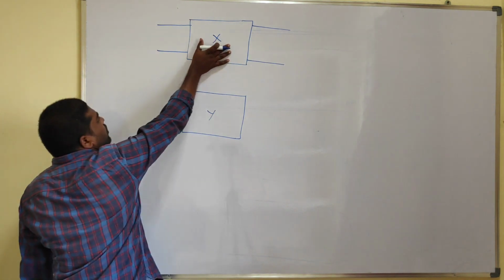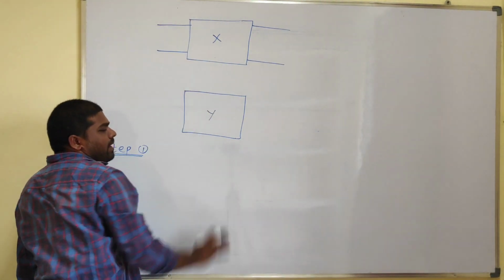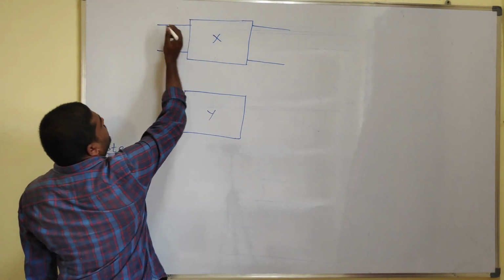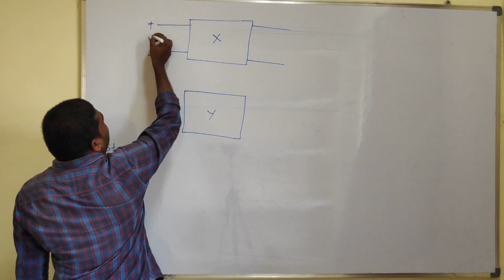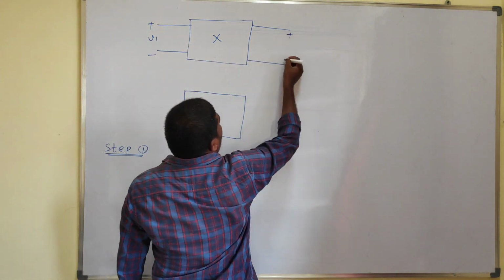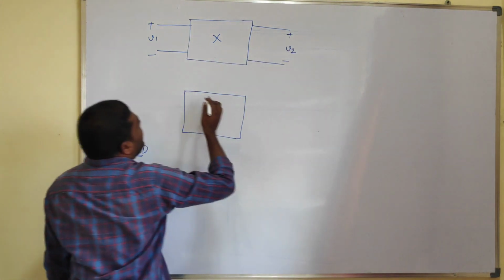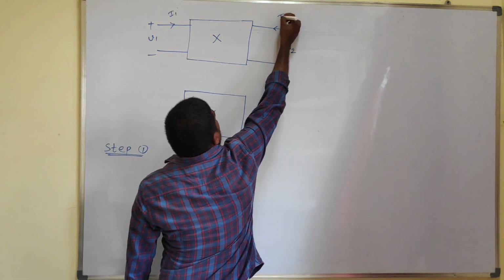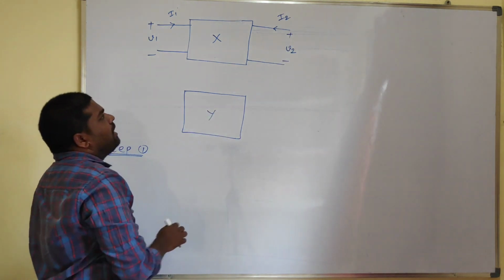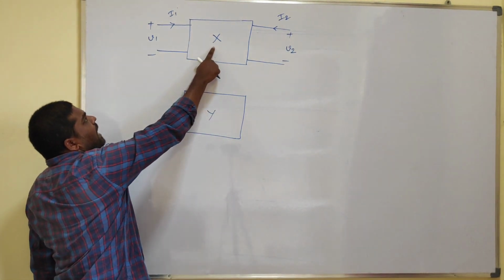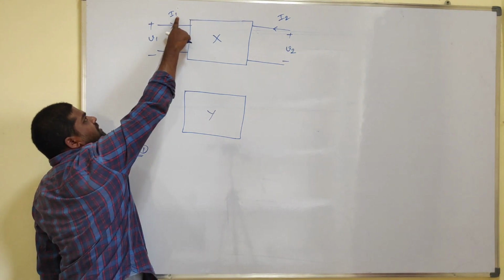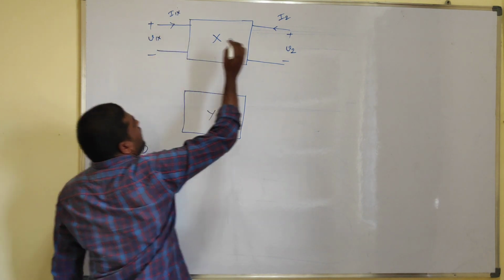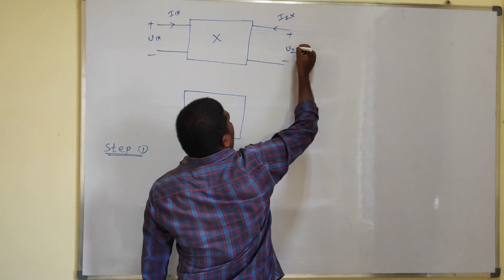This entire two-port network has four variables, two dependent and two independent. The dependent variables are V1 and V2, and the independent variables are I1 and I2. But since this is the X two-port network, I use a suffix: I1x, V1x, and similarly I2x and V2x.